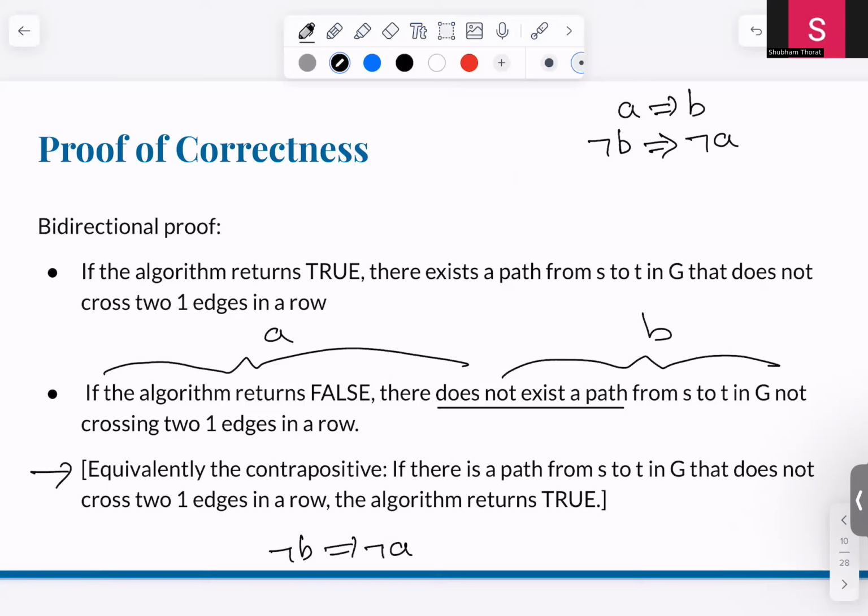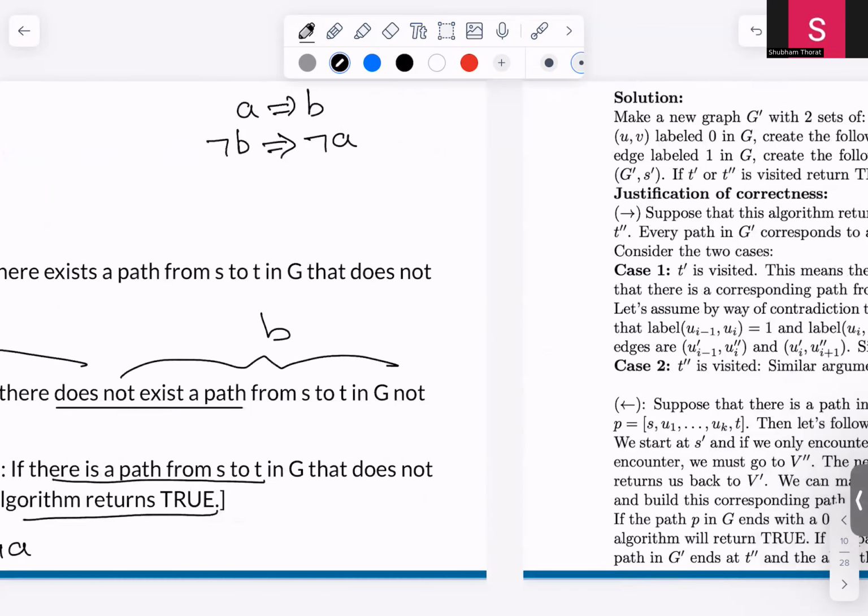The not of that would be there is a path from S to T, and returns false. The opposite of that would be return true. Okay, so these two statements are equivalent to each other. Are you clear with this forward and backward directions here?